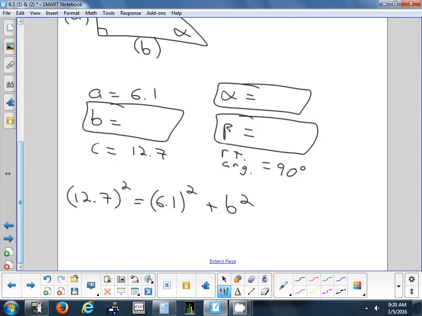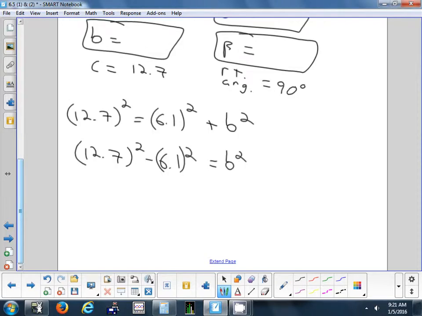Subtract 6.1 squared. Yeah, I'm just going to move that to the other side. I'll figure out what it is later. I'm not worried about that right now. And then my last step, I want to get B by itself. Paige, how do I do that? Square root the other side. Take the square root.